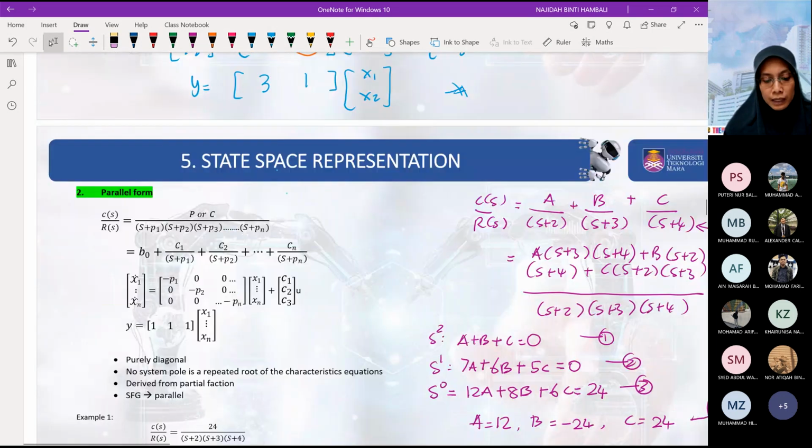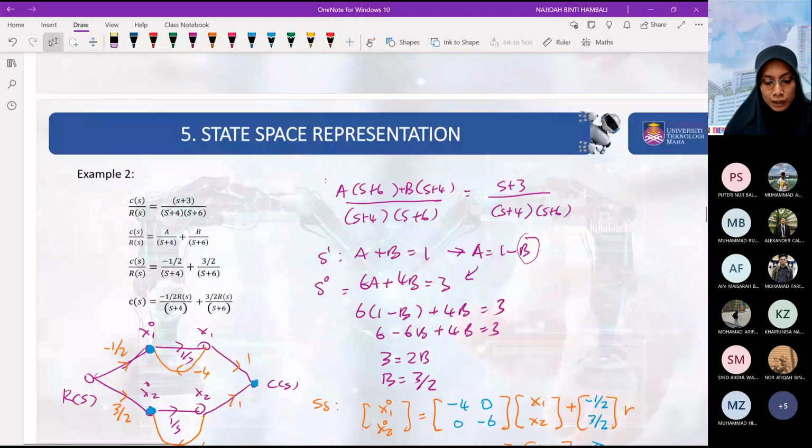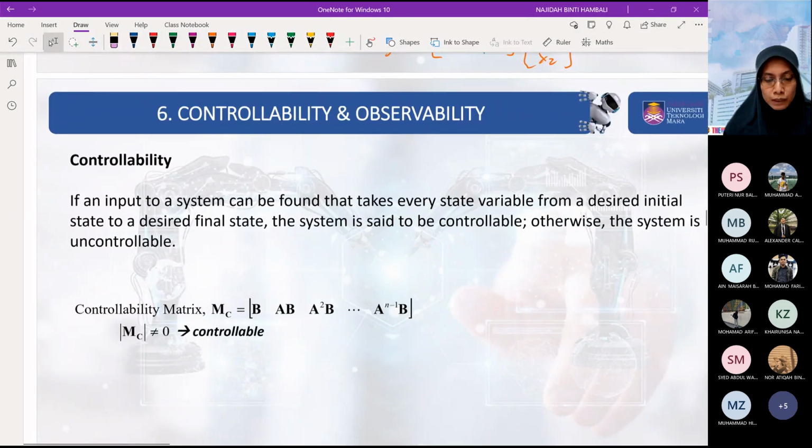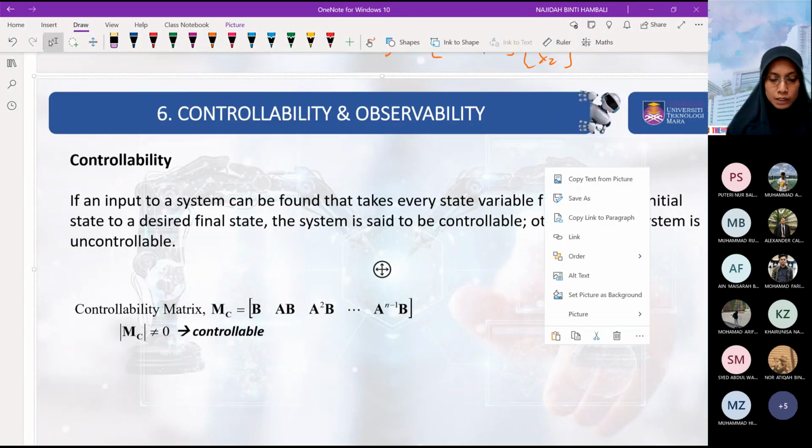Dan yang terakhir ialah to determine whether the system is controllable, kita boleh observe dia ataupun tidak. Controllability and observability. So kita akan habiskan next week insya-Allah.